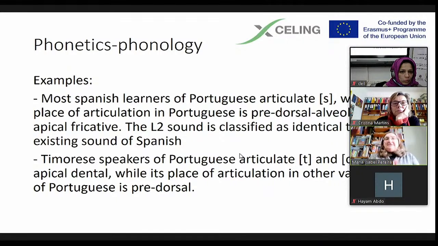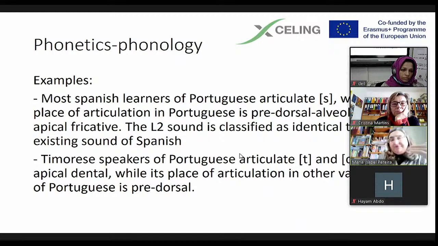In that case, the L2 sound is classified as identical, as equivalent to the existing sound of Spanish. In fact, the sound exists mainly in words that are cognates to words of Portuguese. And this is an additional reason to assume that sound as an equivalent sound.